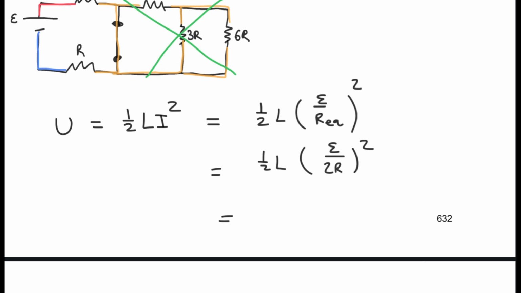And then squaring everything, we get a 4 in the denominator, so combine that with the 1/2, and we get 1/8 times L times the EMF squared divided by R squared. And that's everything steady state. Then we'll look at the differential equation part next time, of actually getting the transient behavior of the increase and decrease of the current.